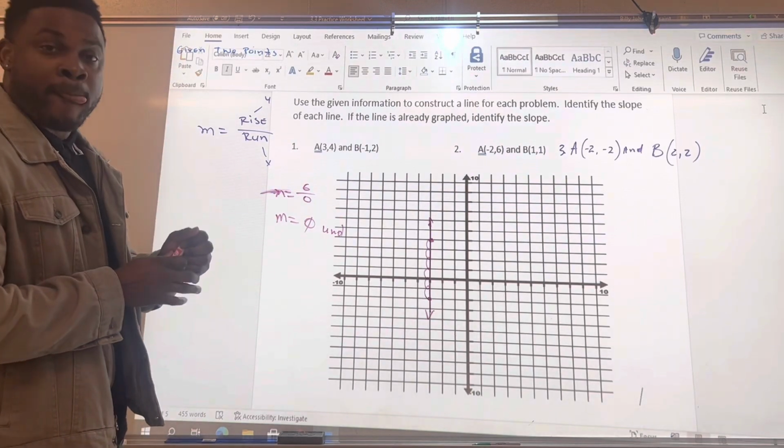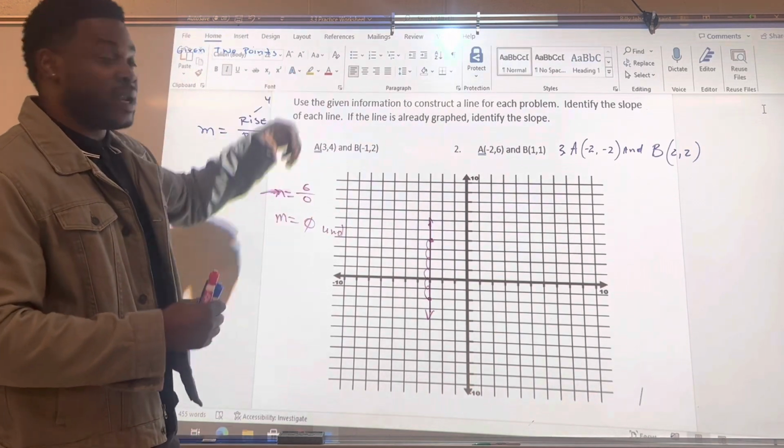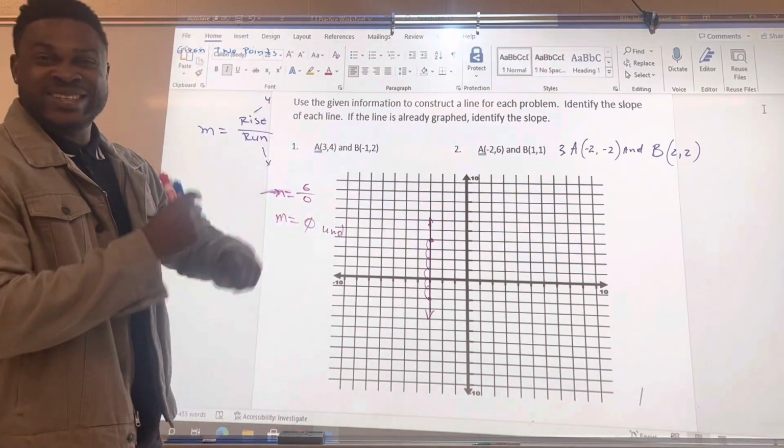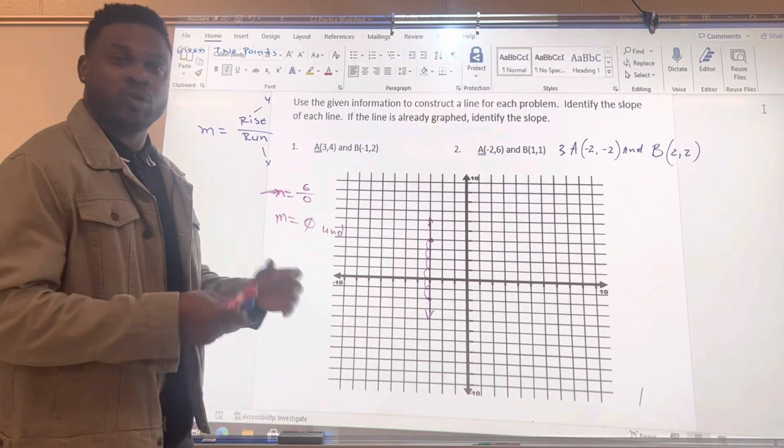So again, whenever you have a line crossing the x-axis, you can say right away that your slope is undefined.